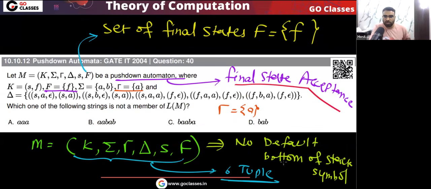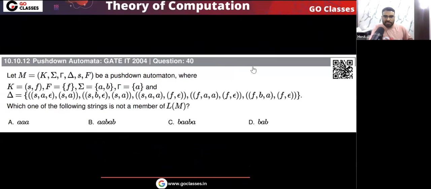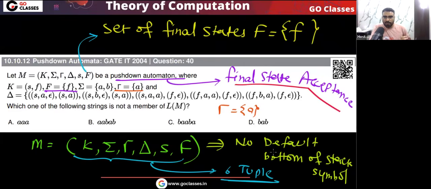So you can easily see there is no default bottom of the stack symbol. I told you that the Sipser book does not have a default bottom of the stack symbol. But in our PDA definition, in the Ullman definition, in the Stanford definition, we have a default bottom of the stack symbol. Yes or no? But you can see in this PDA given in this 2004 question, there is no default bottom of the stack symbol.